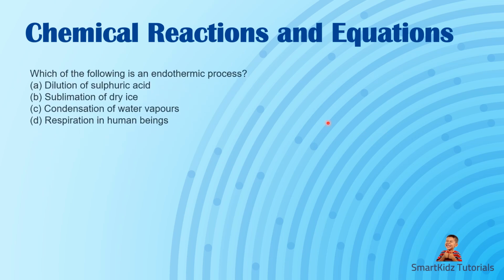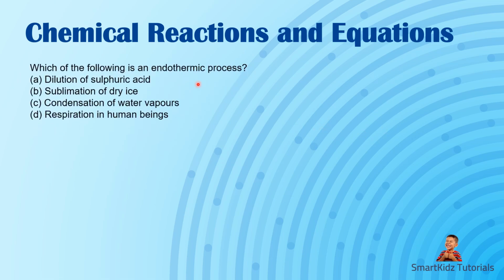Next question, which of the following is an endothermic process? Endothermic means it absorbs heat. So sublimation of dry ice. Sublimation means it directly turns into gas.